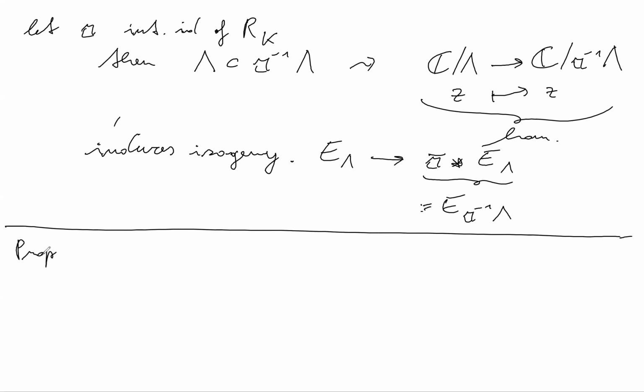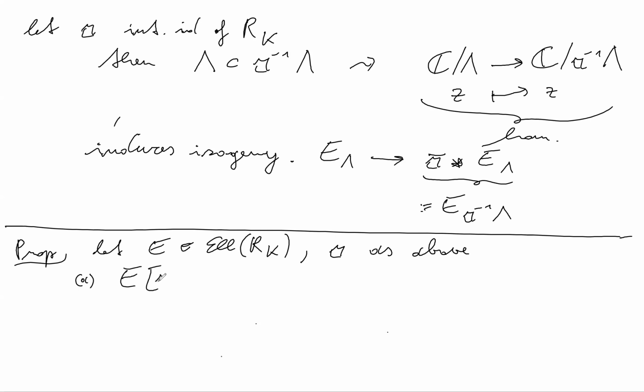For this actually we have the following theorem. Let E be an elliptic curve with complex multiplication by R_K, and a an integral ideal of R_K. Then we have the following, namely that E[a] is the kernel of this map, this isogeny from E to a star E.